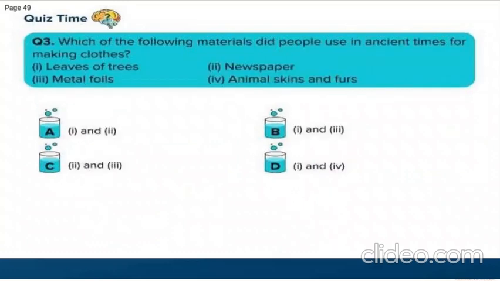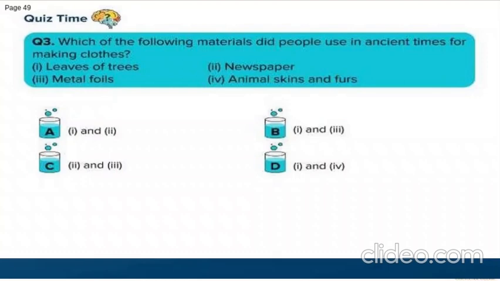Now here. Which of the following materials did people use in ancient times for making clothes? In ancient times, what did they use? Leaves of trees, newspaper, metal foils, or animal skins and furs. So your 10 seconds. One, two, three, four, five, six, seven, eight, nine, ten. Okay.